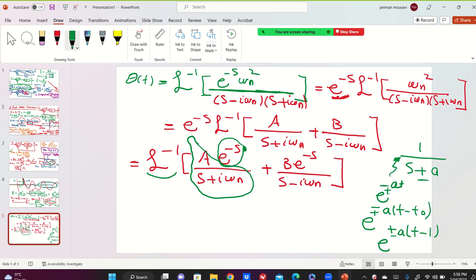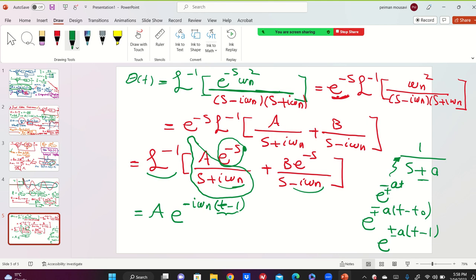See what I'm saying? But your a is i omega n or minus i omega n. So this is plus; here you're going to have minus i omega n, but because of this it's going to be t minus 1. So it's delayed. Everybody understand this?